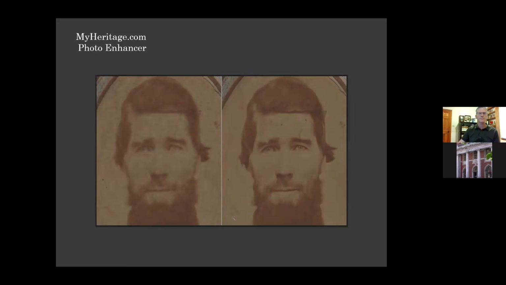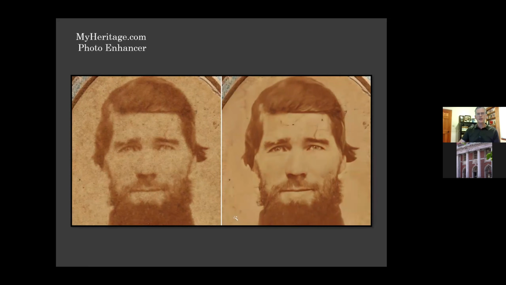One of them is a photo enhancer, and just to show you an example of that, this is, again, my third great-grandfather, George Knoll, who was taken prisoner in the Civil War. And so this is the photo that I have of him, and then putting it through MyHeritage's photo enhancer, it takes just a few seconds, and this is what comes out.